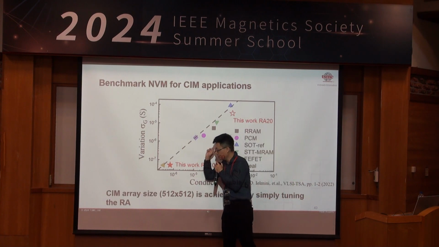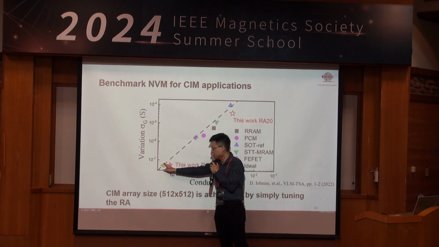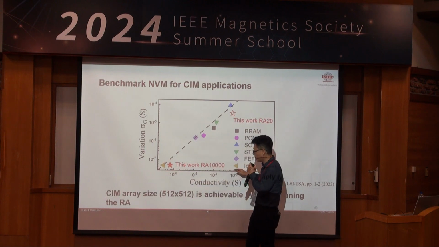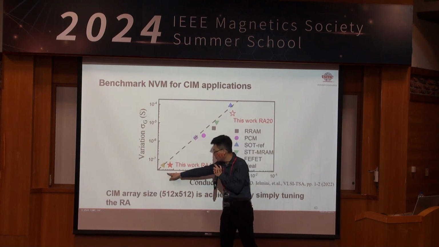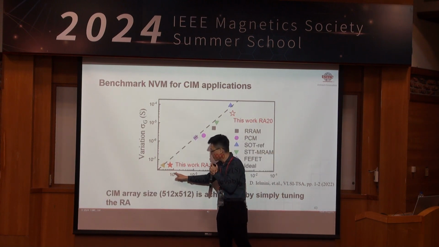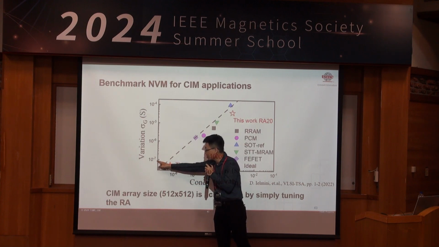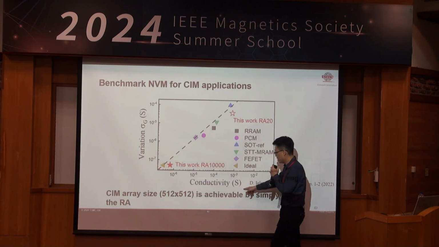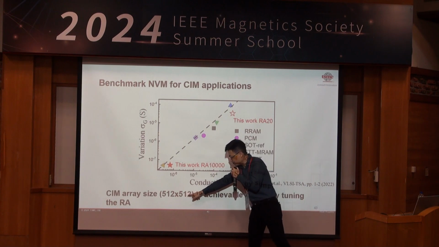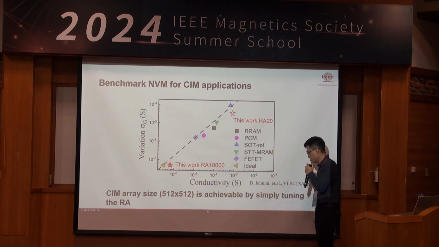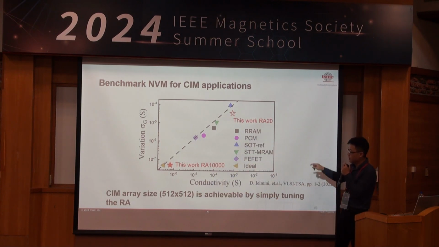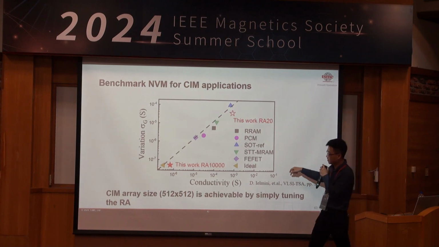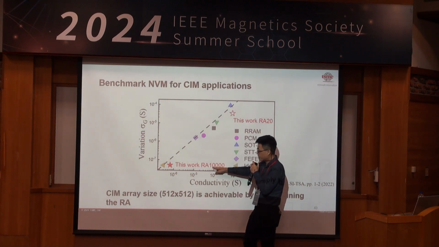In their paper, they show that the ideal case is this one. If you can have a device where the conductivity is lower than 10 to the minus 6, and the variation is also good, then you can have a 512 by 512 array. And in our work, the RA 10,000 actually is located here.